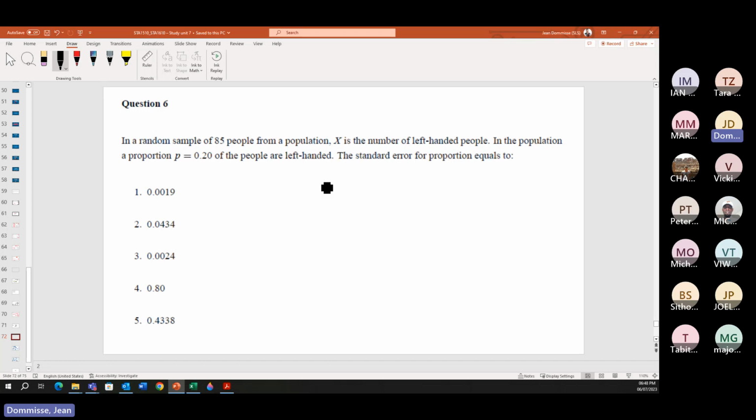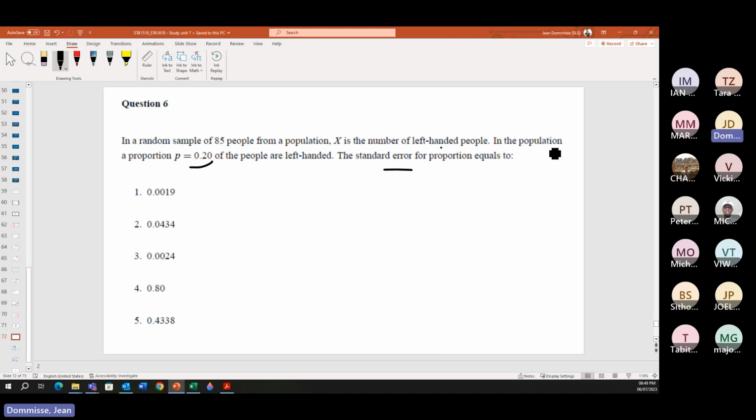Okay, so last one, again, standard error. So let's look at what they give us here. Random sample. We're looking for X number of left-handed people in the population. Proportion of left-handed is that. Find the standard error.